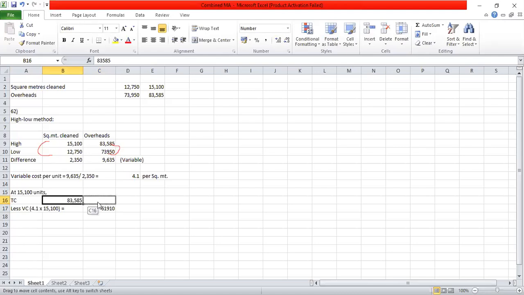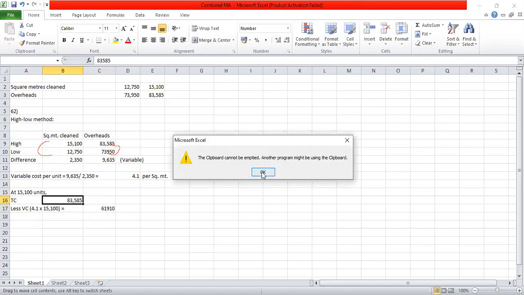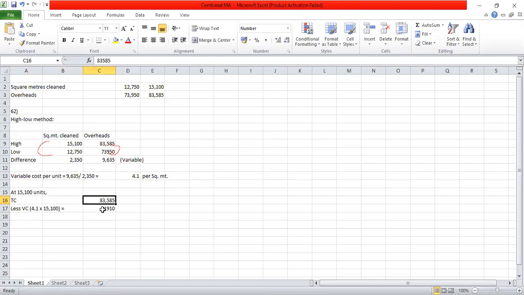The variable cost is 61,910. If this variable cost is deducted from total cost, the resultant figure is the fixed cost, the total fixed cost.